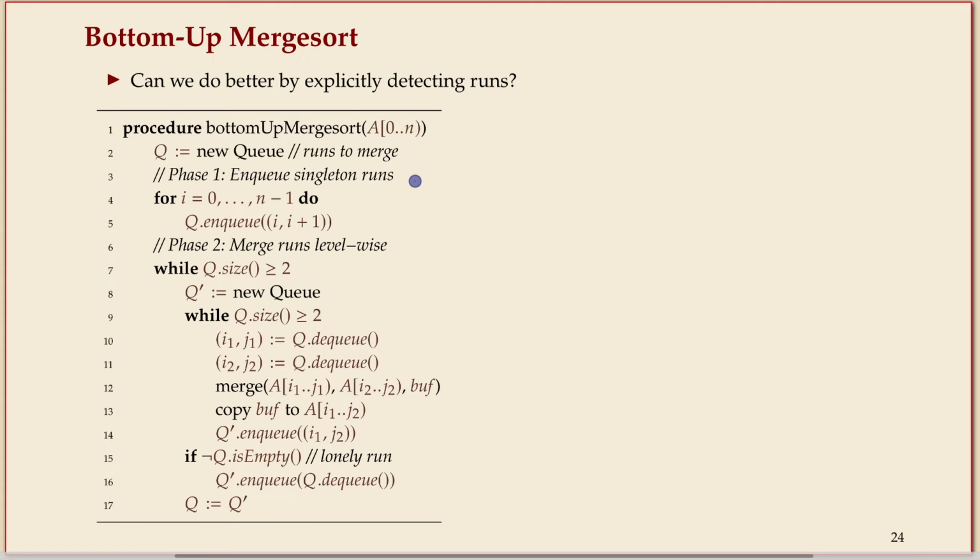Let me explain the code briefly, and then we can look at an example. So at each step, we have a queue of runs that we have to merge. And initially, we say, OK, I don't know anything, so the runs I have to merge are individual elements.